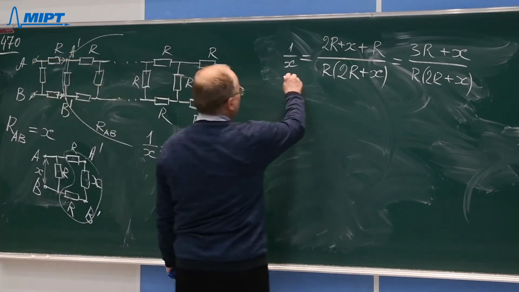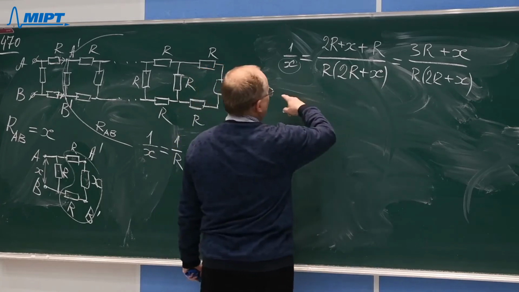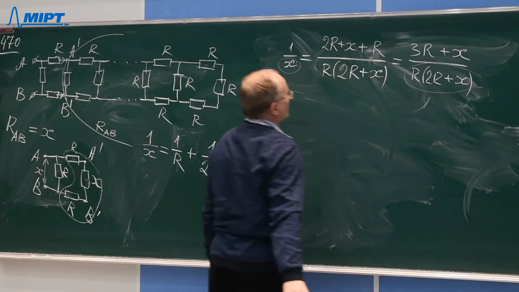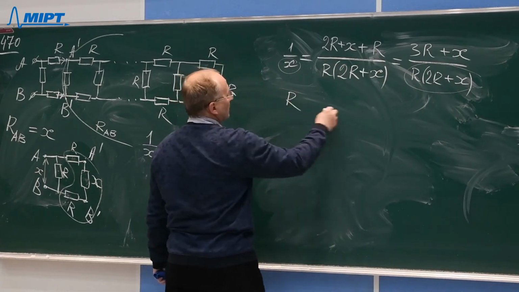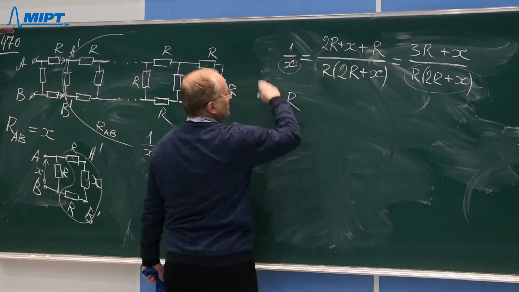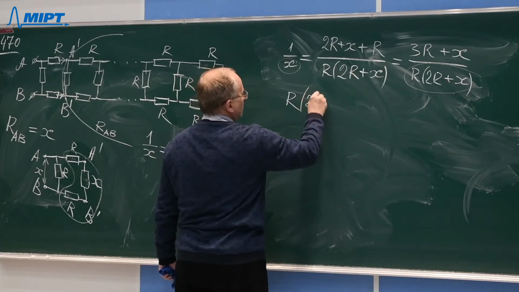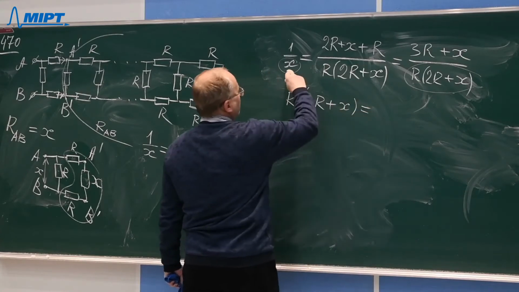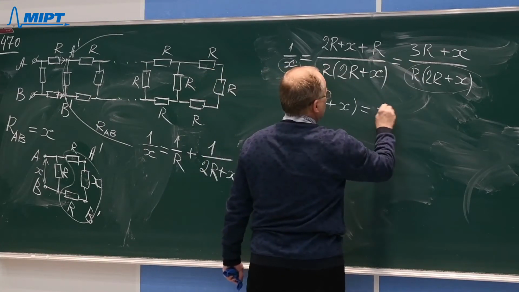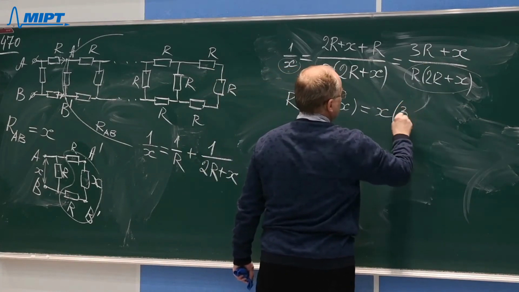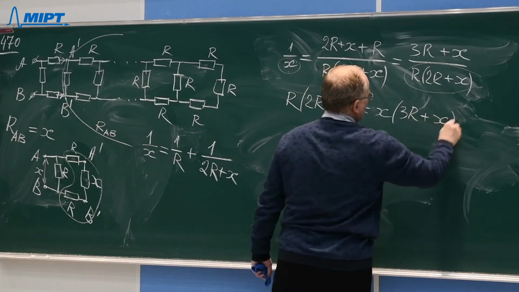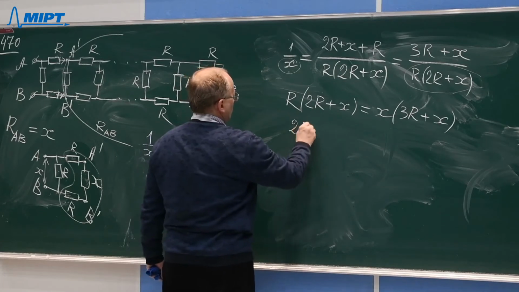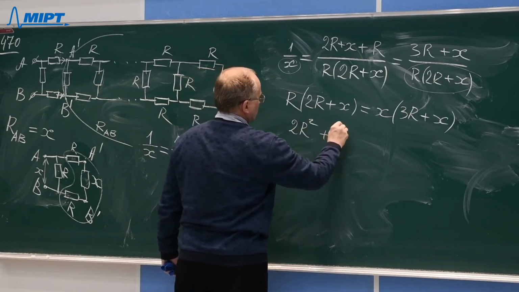Now, by multiplying this equation through by X and also by this denominator, we will come to the following equation. First, this denominator will be found on the left-hand side of the equation, that is 2R plus X. And now the right-hand side will be equal to X multiplied by 3R plus X. So that will be 2R squared plus XR.